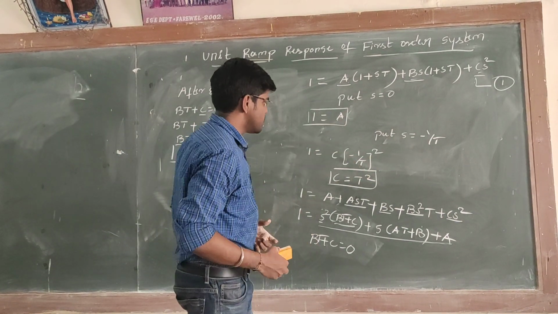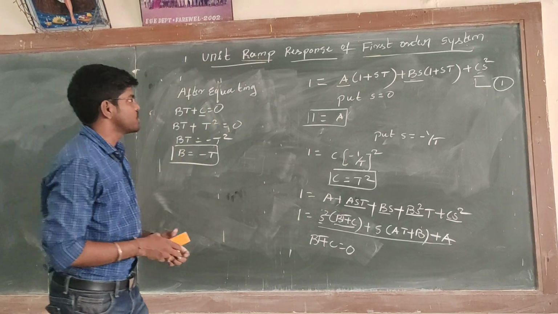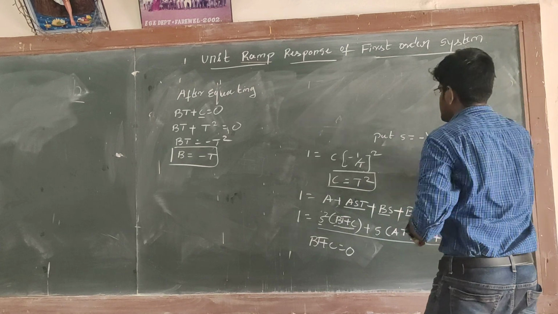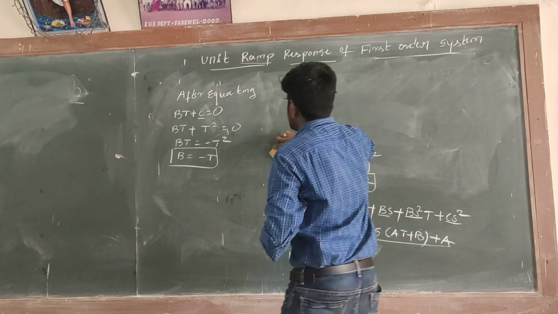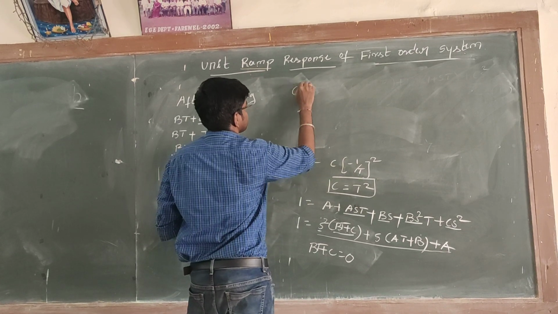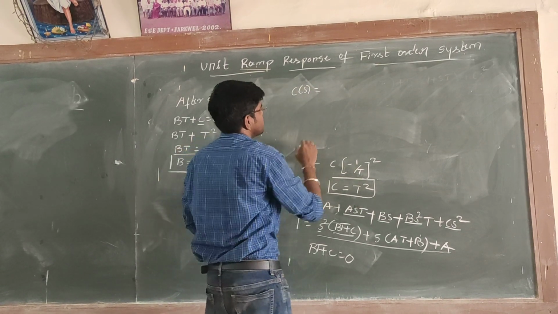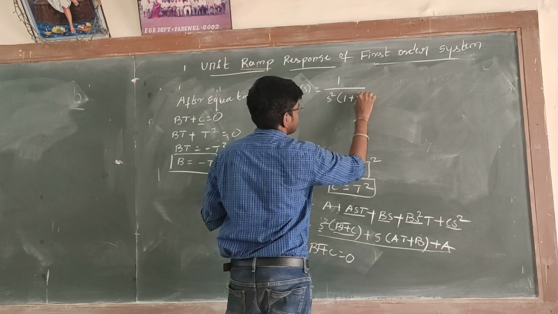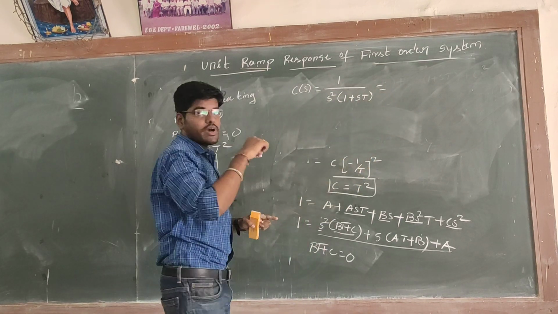Okay, let us substitute in the above equation, the transfer function equation. Right here, we have transfer function C of S equals 1 by S square into 1 plus ST. We have split this term as A by S square.